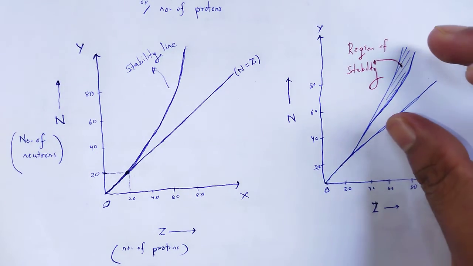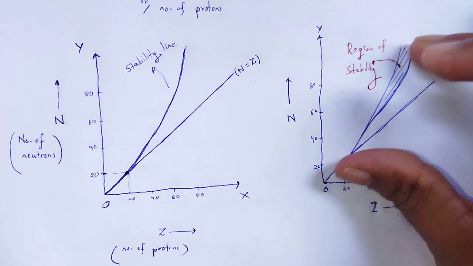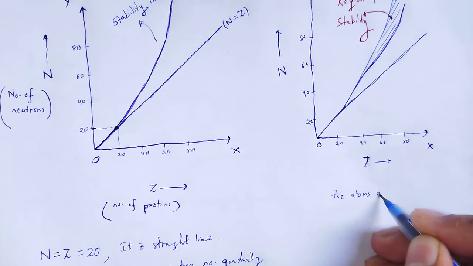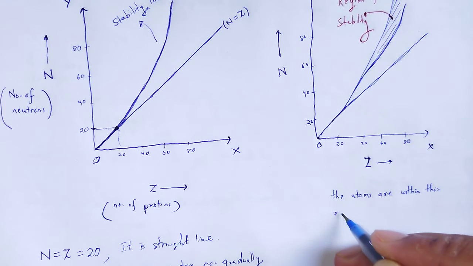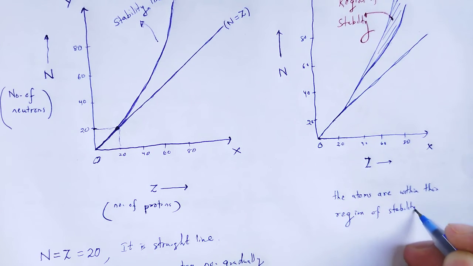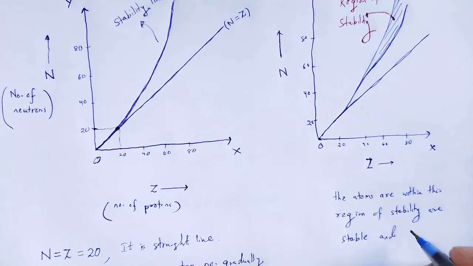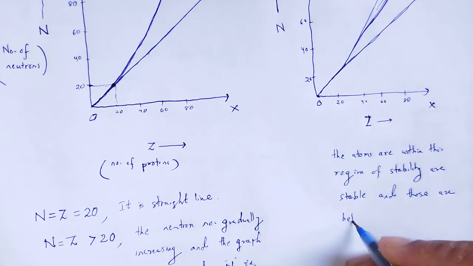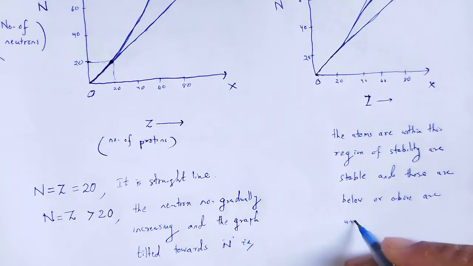The atoms within this region of stability are stable, and those below or above are unstable.